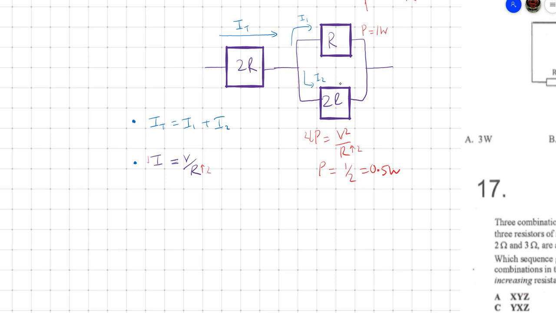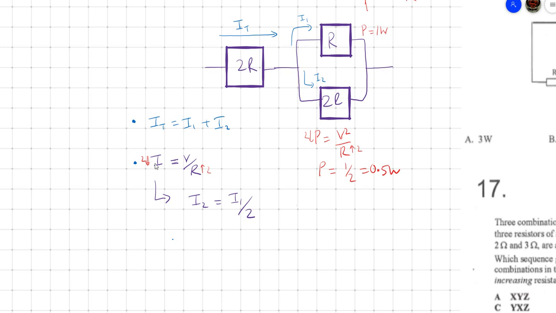So this tells us that the current in this branch will be less than the other one. Since the resistance is twice, when the resistance goes up by 2, the current goes down by 2.